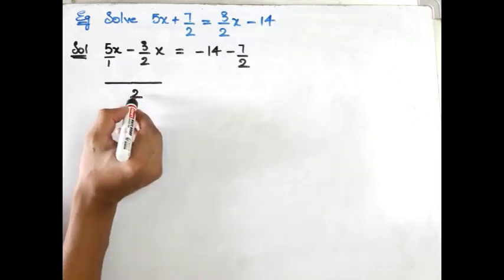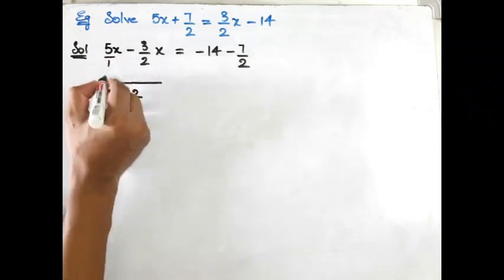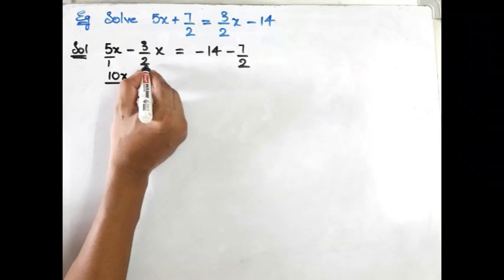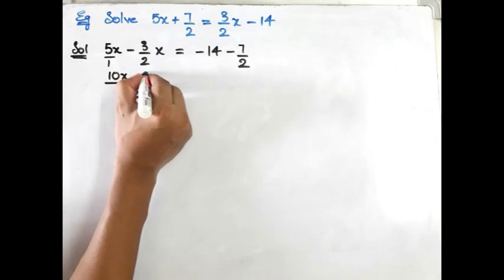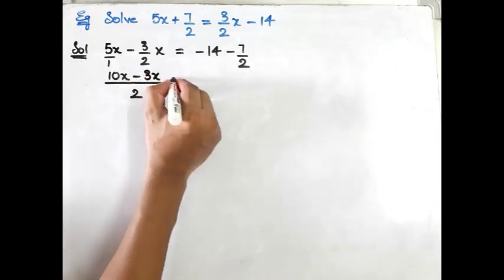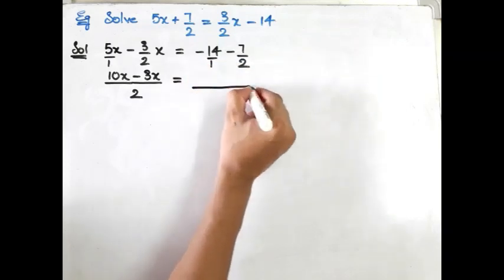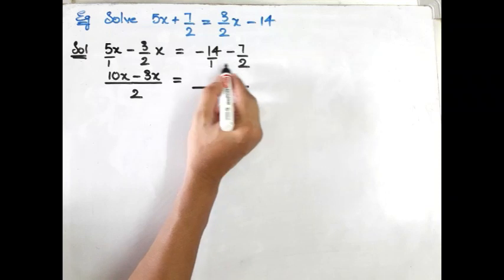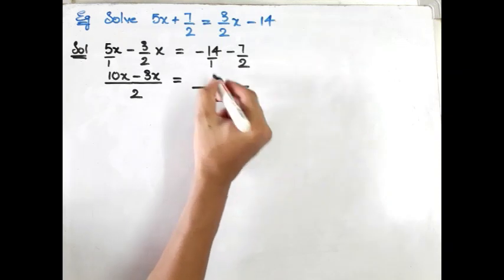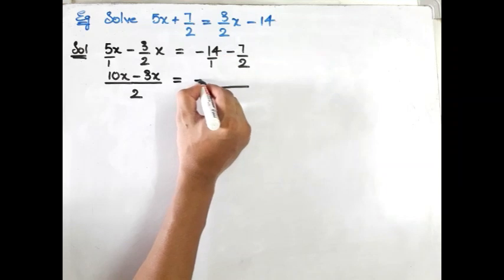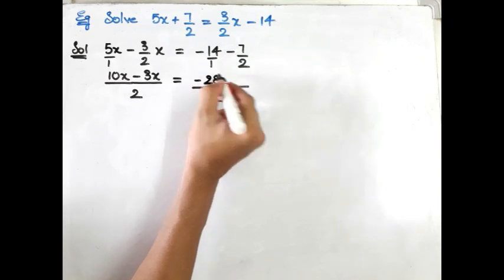1 how many times is 2? 2 times. So 2 into 5x, 10x. Minus 2, how many times is 2? 1 time. So 3x will come as it is, equal to. Here also we don't have any denominator, so let us take it as 1. LCM of 1 and 2, again 2. 1 how many times is 2? 2 times. 2 into minus 14, minus 28.